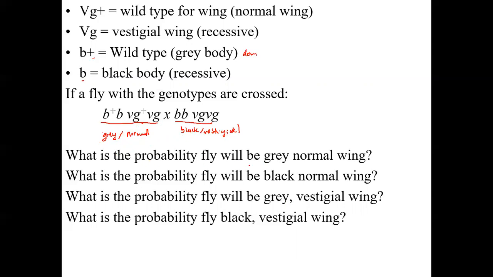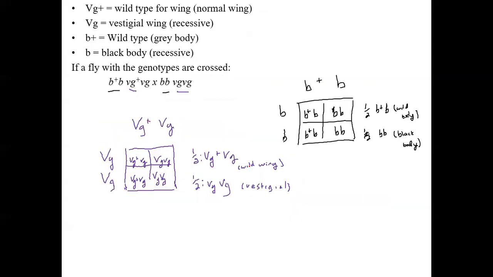So what's the probability of these possible scenarios? To do that, let's figure out our prediction, and I did it over here. Just to remind you, we're doing the practice problem where we use the probability method, and that's how we'll solve these. If I cross the B's, heterozygous B plus B, this is wild type, which would be gray body, and you crossed it with black.